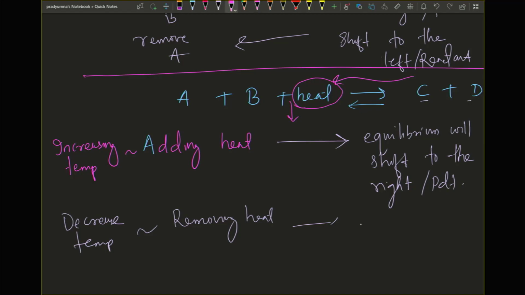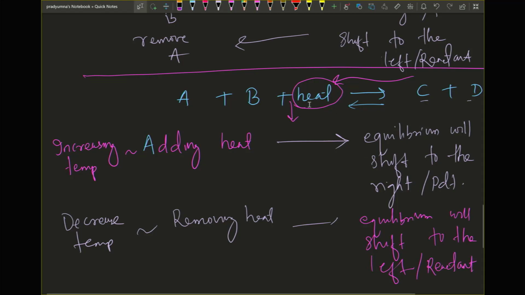So this means equilibrium will shift to the left, or reactant.